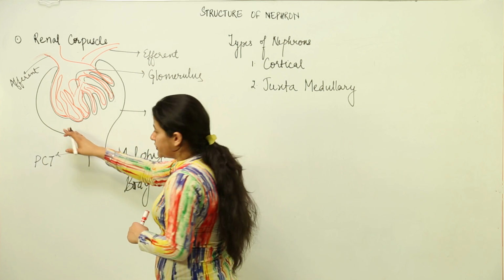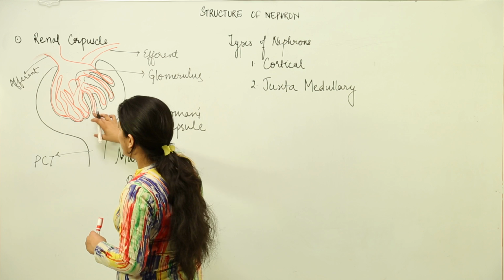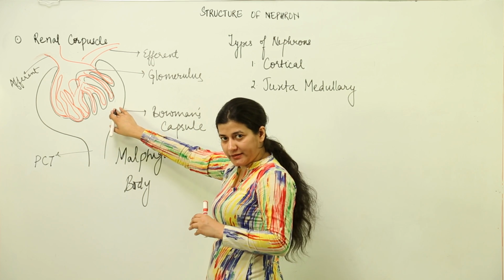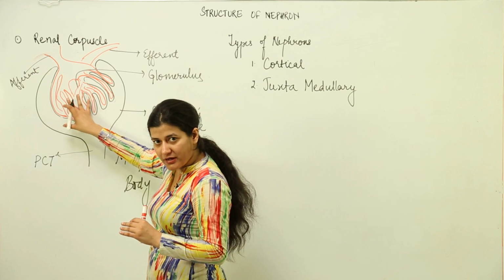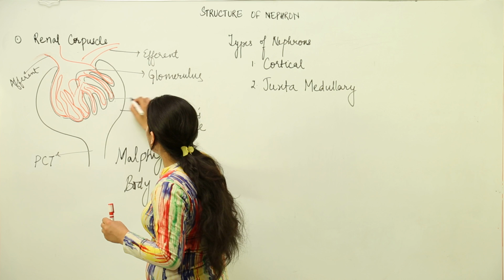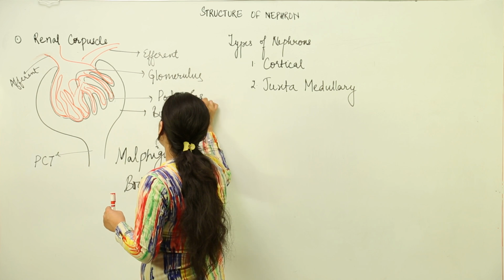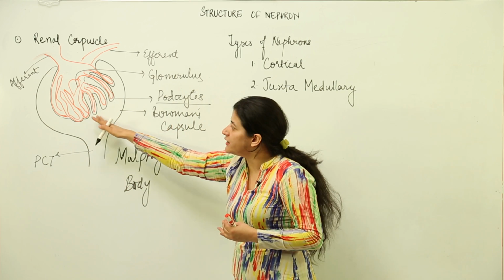PCT. So what you have to pay attention over here is that there is finger-like enfolding of the Bowman's capsule's epithelium, that is again squamous epithelium, and the epithelium of the capillaries, and it leads to the formation of podocytes. What are podocytes? Podocytes are slit-like apertures through which the ultrafiltrate enters the Bowman's capsule.